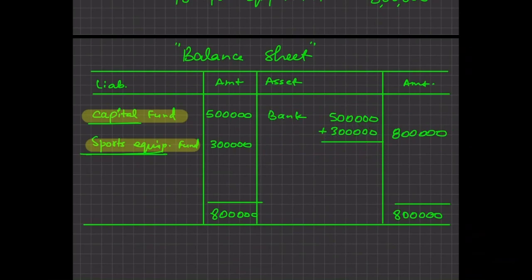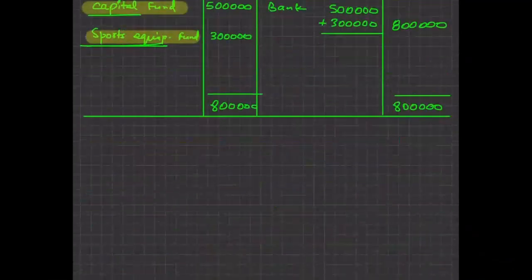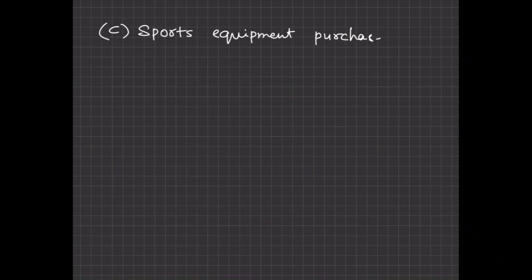Now, going to the third transaction, sports equipment purchased, rupees 2 lakhs. So what would be the journal entry for this sports equipment purchase? Let's say this sports equipment is an asset.